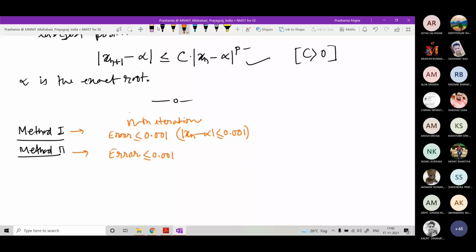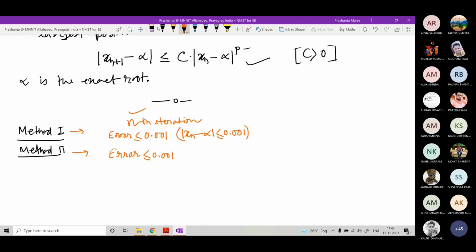So in the nth iteration, in both methods, the error is bounded by 0.001. Is that clear to you? The difference between approximate value and exact value is less than 0.001.